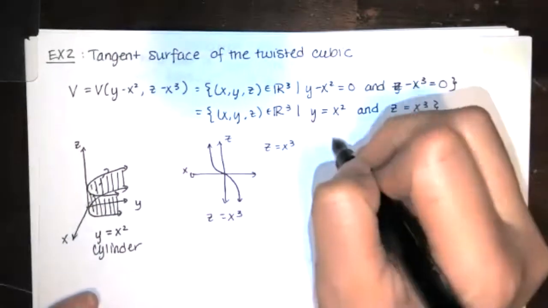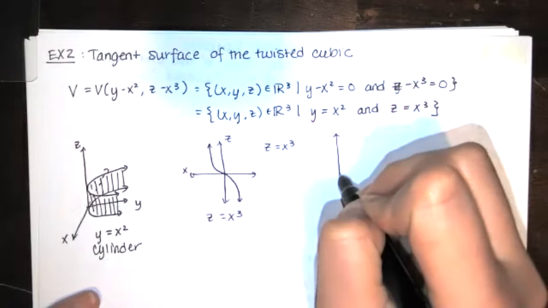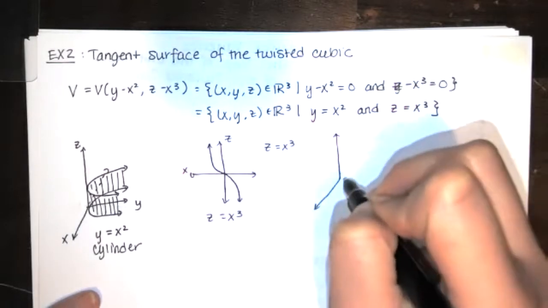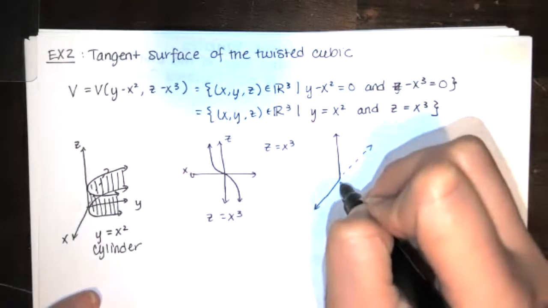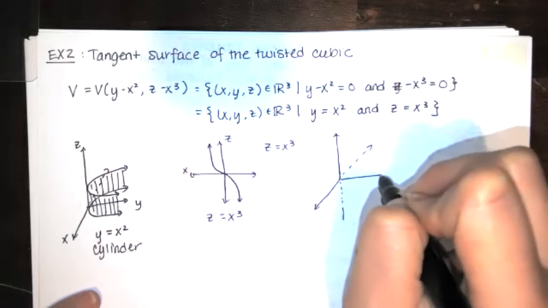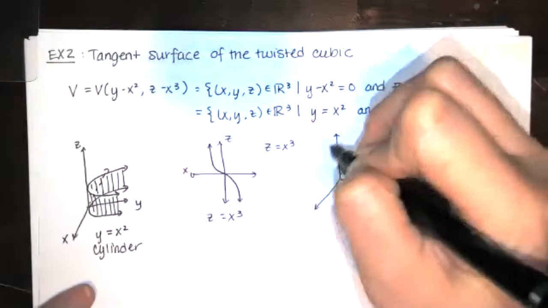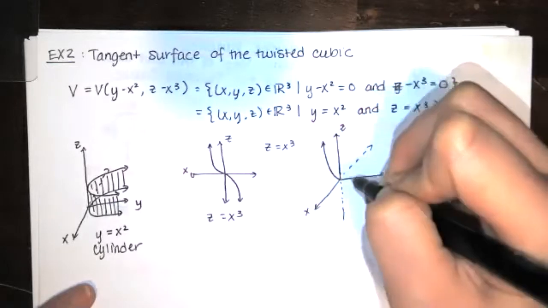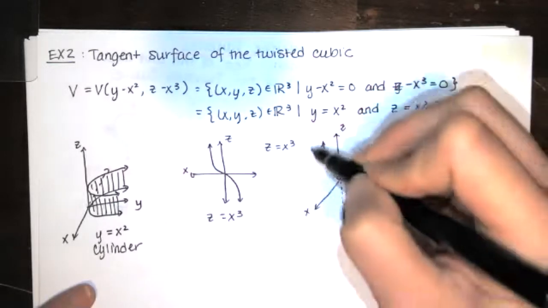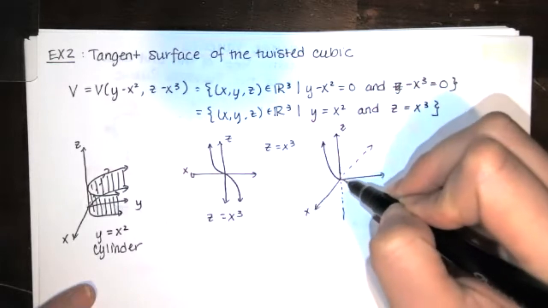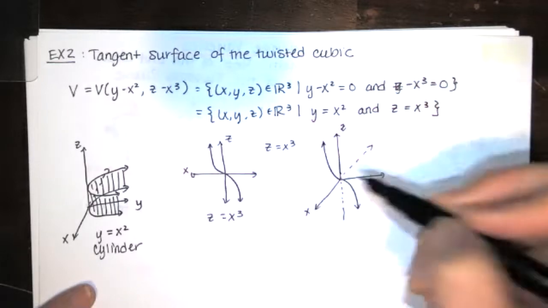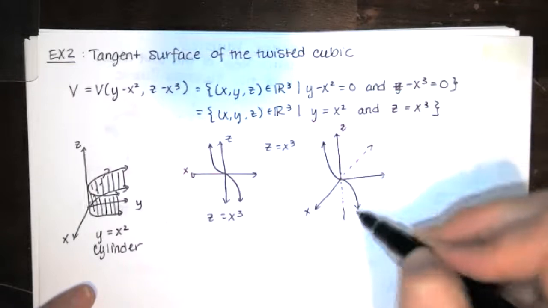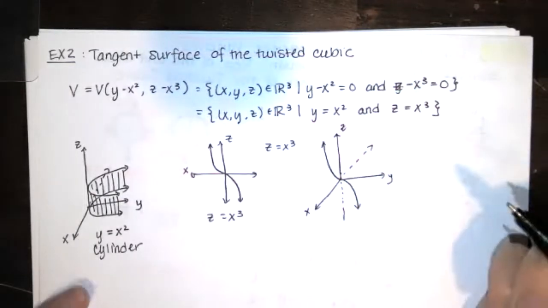If I try to draw it, and I will try to draw it, it's not the best. Here's the z-axis, here's the x-axis. We're going to see a cubic function over here, and then on the other side of the xz plane, you're going to see the rest of that cubic over there. You have to imagine that that's behind the yz plane.